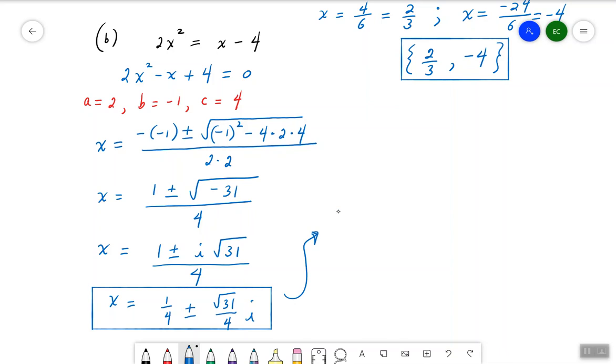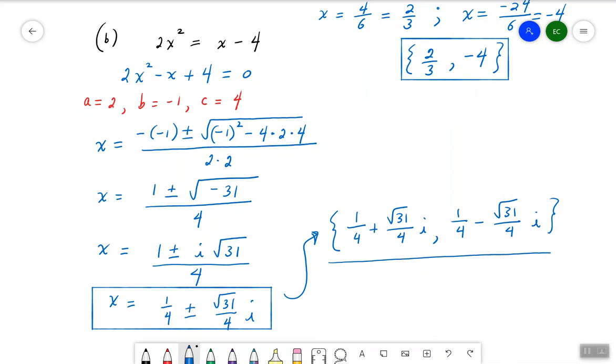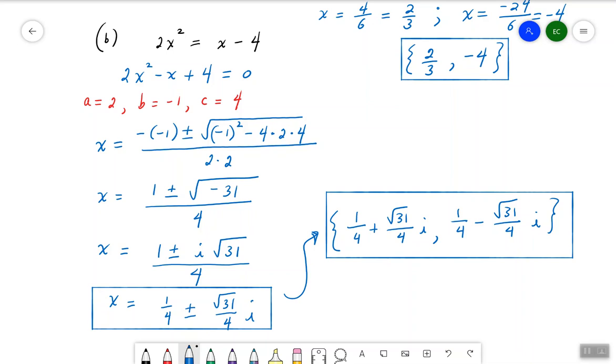It might be nice to write them separately. The first solution was 1/4 plus root 31 over 4 times i. And the second solution is 1/4 minus root 31 over 4 times i. Okay, non-real complex numbers for our solutions.